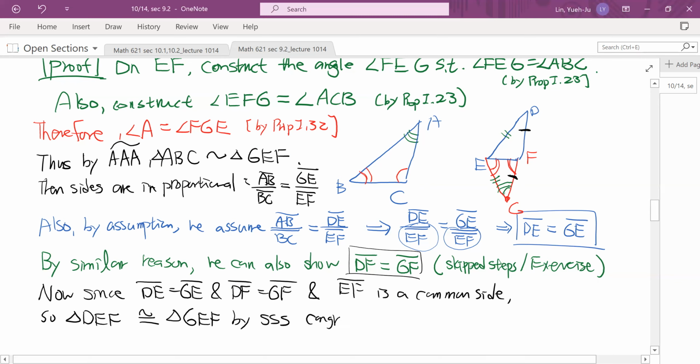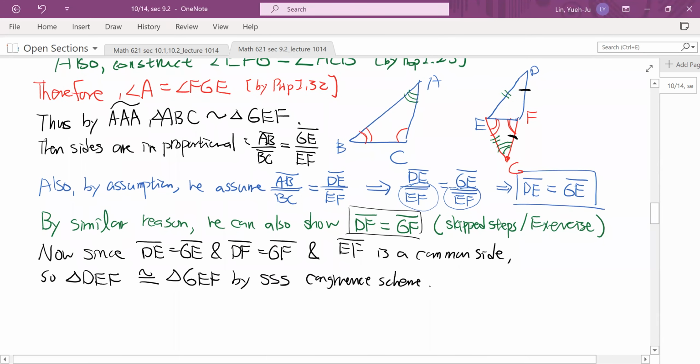And I want to emphasize this is the congruence scheme, right? And if they're congruent, then that's better because then they have all the angles equal.